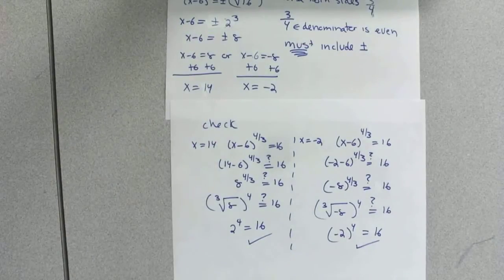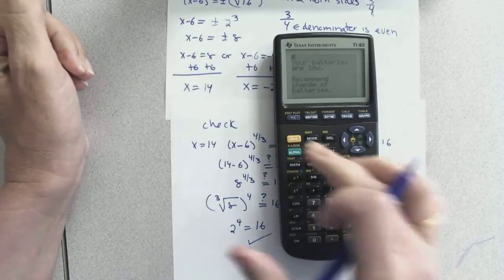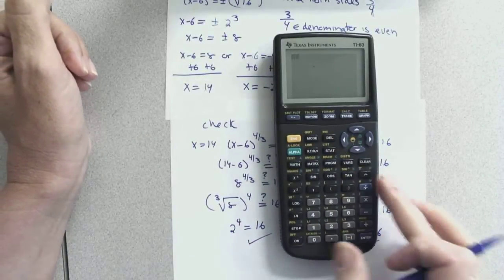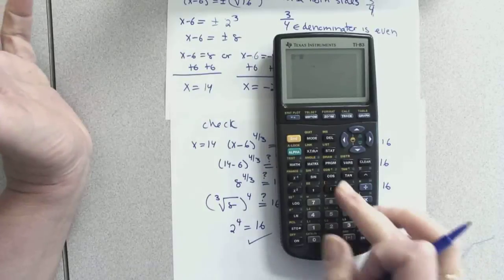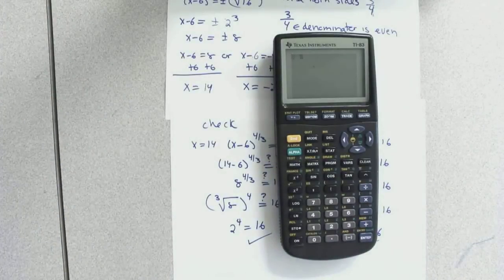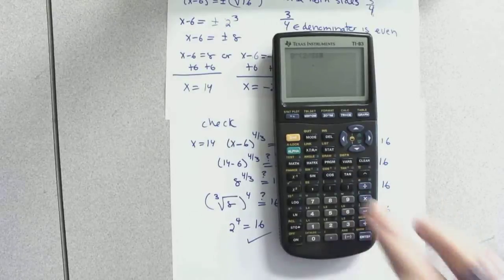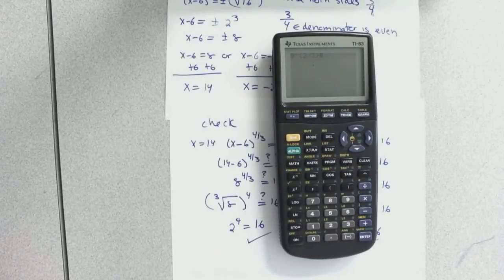Now, if you don't remember these basic roots so well, your calculator can do it. 8 raised to, and if you have an older calculator, like this one, it uses the exponent button instead of superscripting, then 2 divided by 3. You've got to be sure you put that exponent in parentheses.